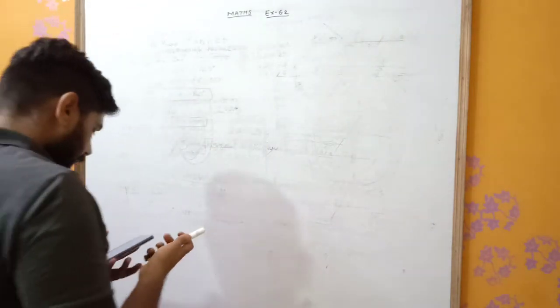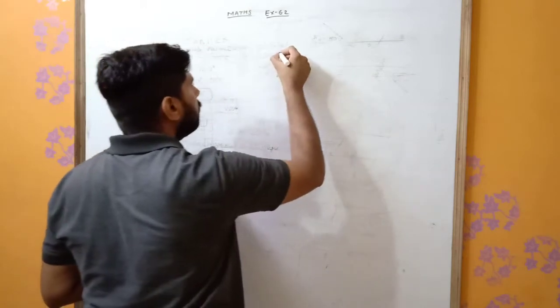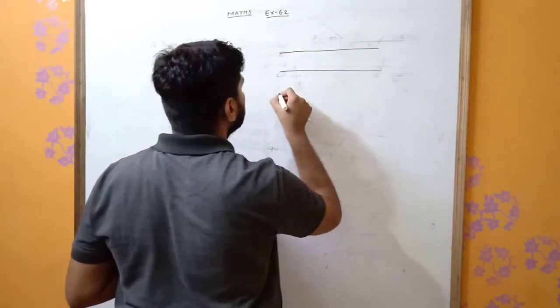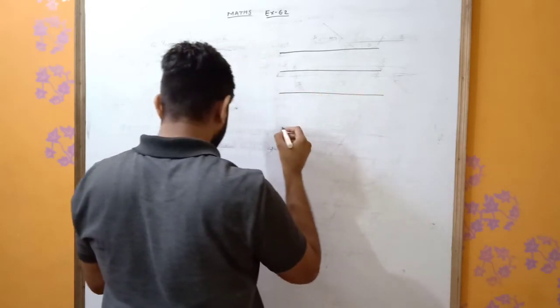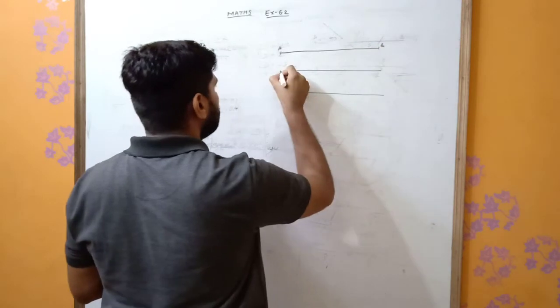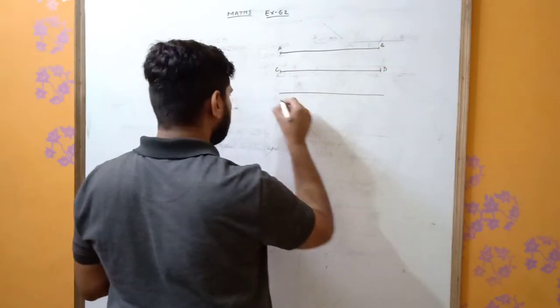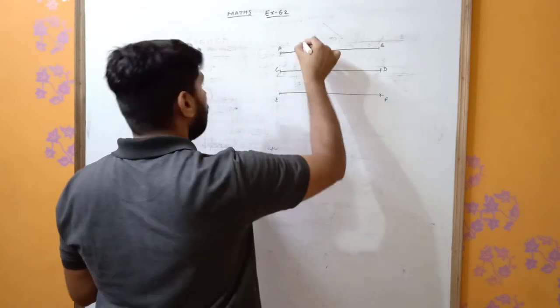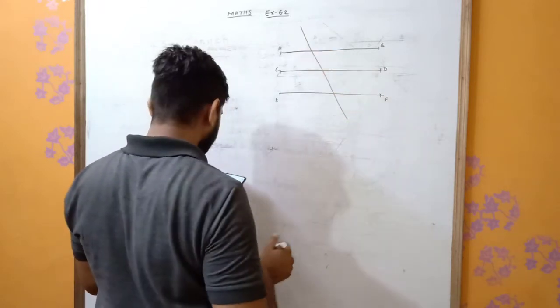There are three lines in the figure. First, second and third: AB, next one is CD, next one is EF, and a line third intersects these three lines.